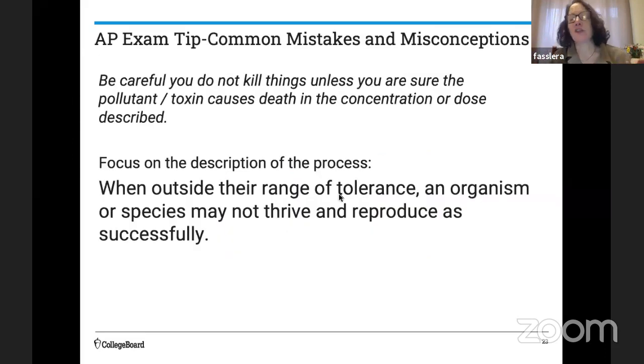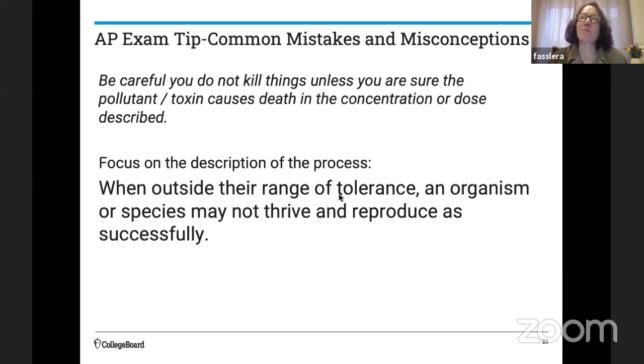Not really a misconception, but one of the points I want to make in terms of reading exams, and this is just a broad concept, and to be honest, it really relates a lot to atmospheric pollution and the human health impacts of atmospheric pollution. You want to be careful about always saying that it kills something. I understand that our essential knowledge statement said there's physiological stress or even death.